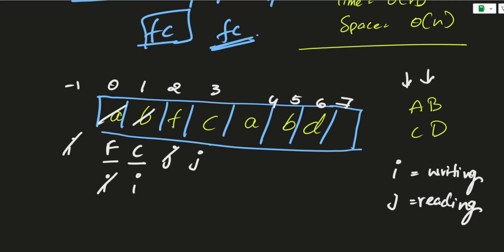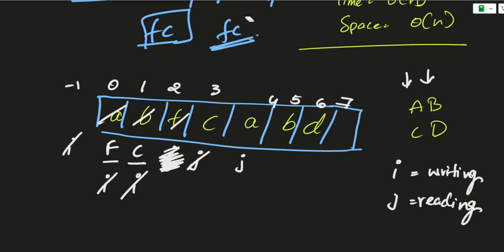FC is a valid string. So now we got A here after incrementing J. So now the pattern is CA. CA is also not a pattern. Then just increment the I pointer and update this.